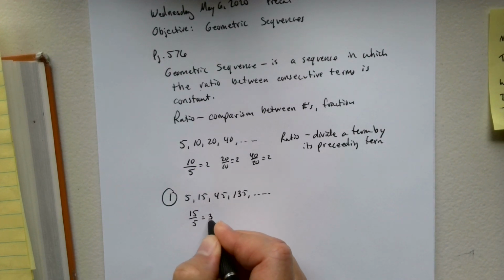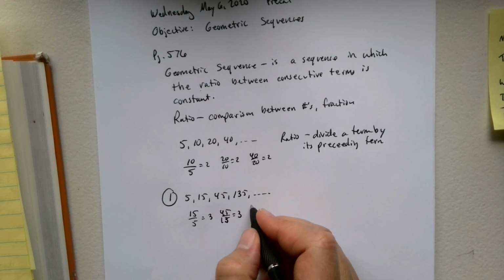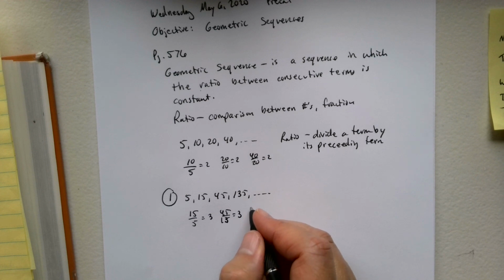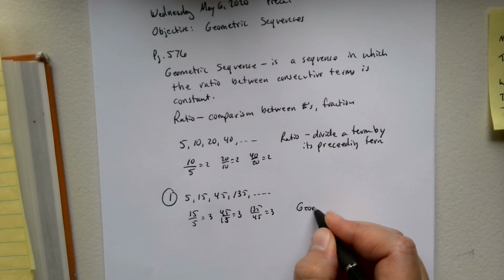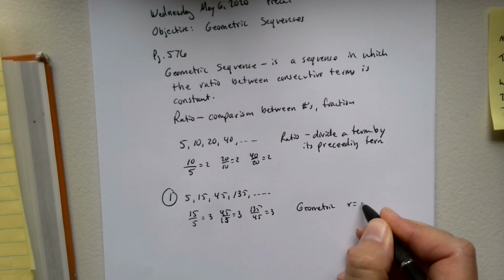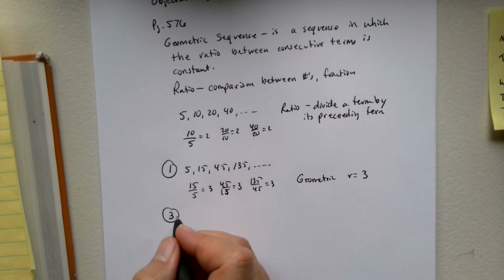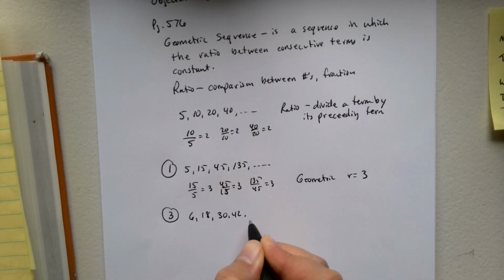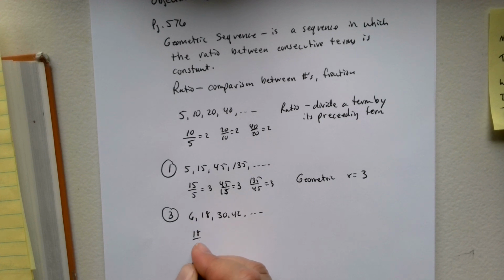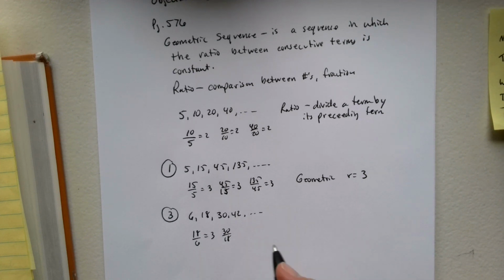So 15 divided by 5 is 3, 45 divided by 15 is 3, and 135 divided by 45 is 3. So this is geometric, and the common ratio is 3.